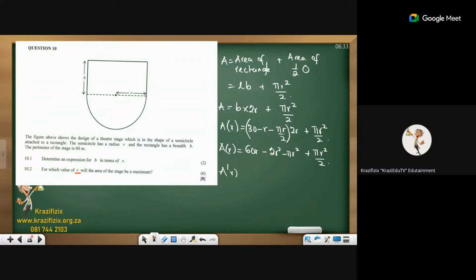A prime of r must be equal to 1 times 60, which would give us 60, minus 4r. Now, what about these ones, guys? How do we derive?